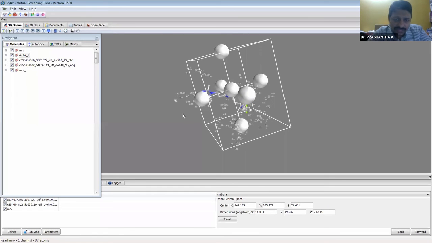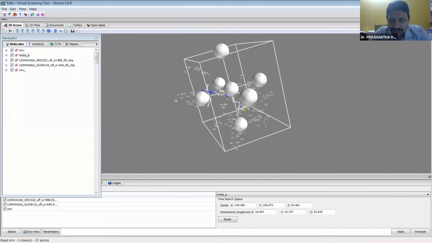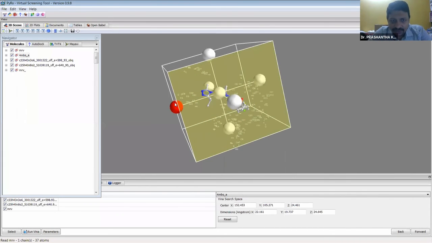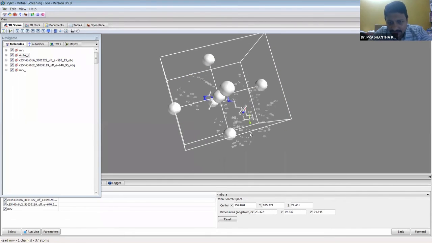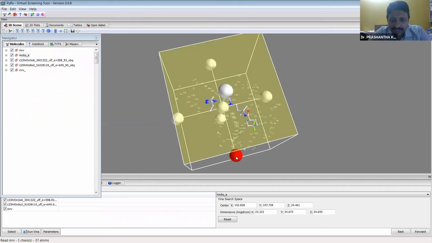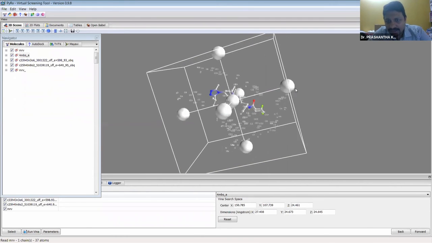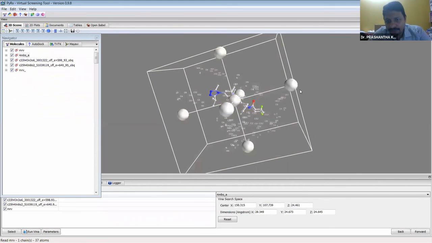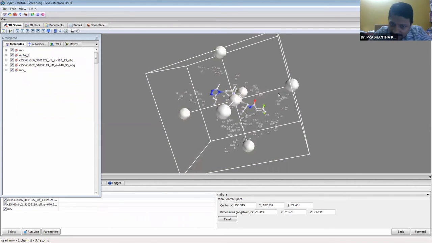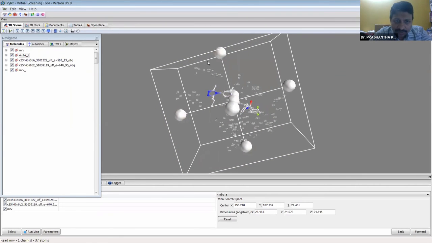In other words, this amino acid is not covered in your grid box, so the ligand will not interact at all. To avoid such issues, set the grid box. Even if it is slightly increased more than the binding site region, that should not be a problem. But if it covers fewer residues, if it is not covering the binding region, then it is a problem.